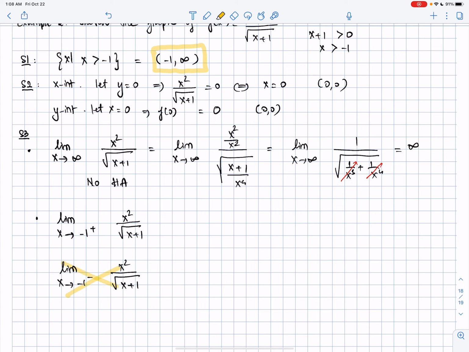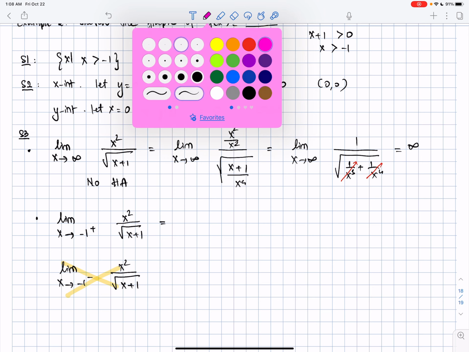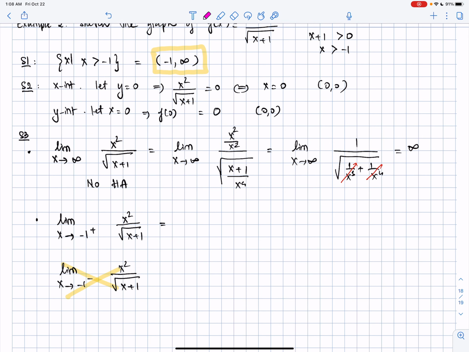So x approaching -1 from the left side does not work. When we plug in -1 from the right side, we can think about this number like -0.9. When we plug in -0.9, the top is positive and the bottom is also positive. So we get positive infinity. So the vertical asymptote is x equals -1.